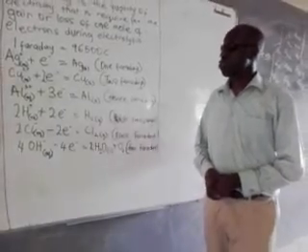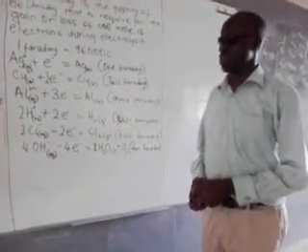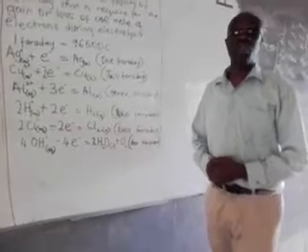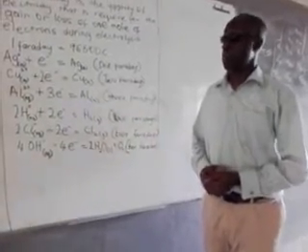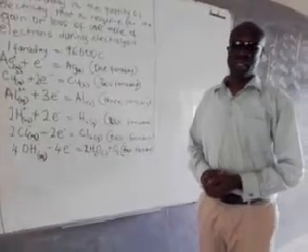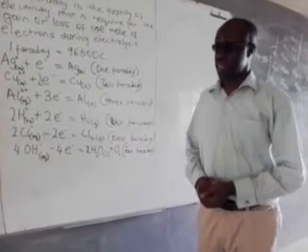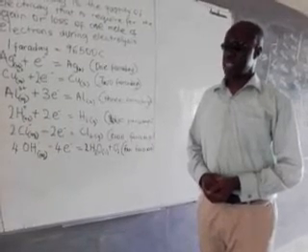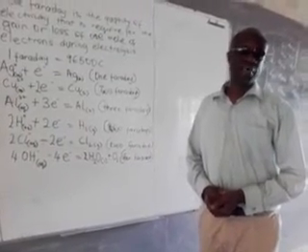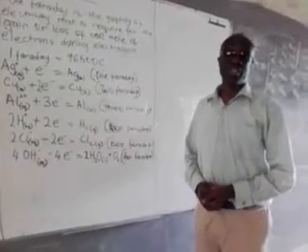I repeat, because of the 2 moles of electrons in the equation, 2 Faradays will be required to discharge 1 mole of chlorine gas during electrolysis. Finally, how do we discharge oxygen gas? Well, oxygen is divalent.